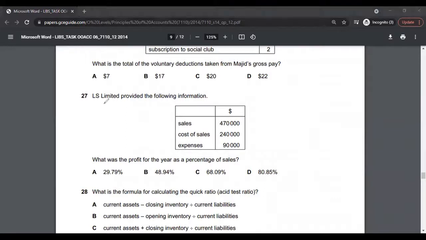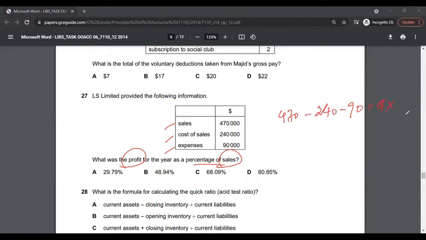Multiple choice 27. LS Limited provided the following information. You have sales, you have cost of sales, and then expenses. What was the profit for the year as a percentage of sales? You need to calculate the profit first and then divide it by the sales to calculate the percent. So it's going to be 470 minus 240 minus 90.